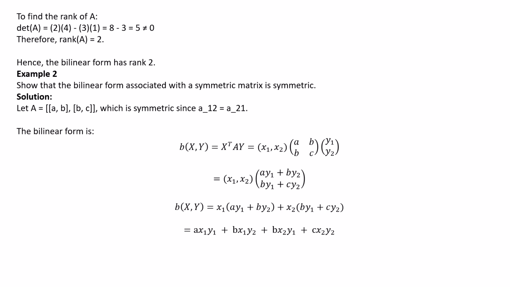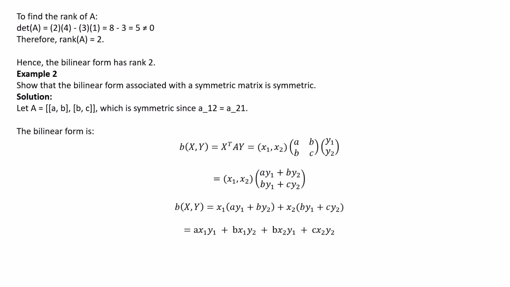The first thing we do is multiply our matrix A by y. So we have Ay1 plus By2, then the second row, we have By1 plus Cy2.